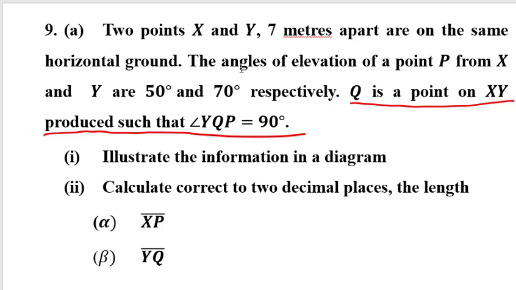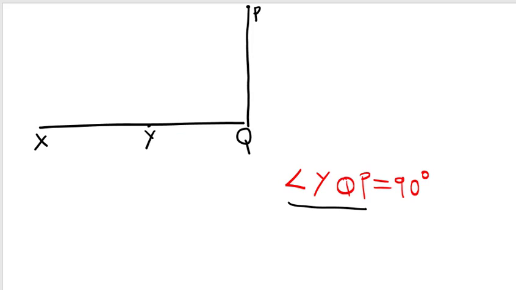The angles of elevation of a point P from X and Y are 50 degrees and 70 degrees respectively. This implies that the angle of elevation of a point P from X is 50 degrees. So this is our X, and we have our P also here.